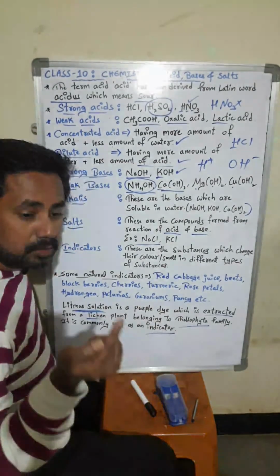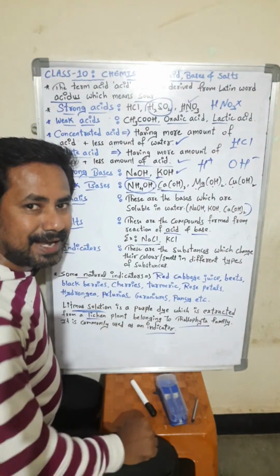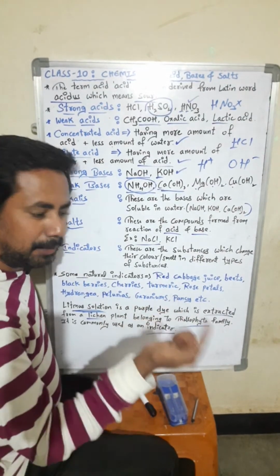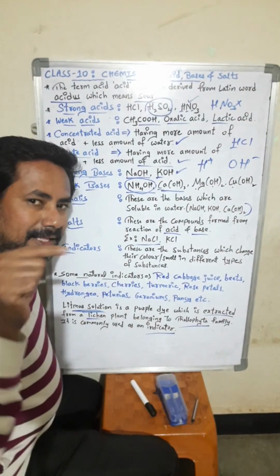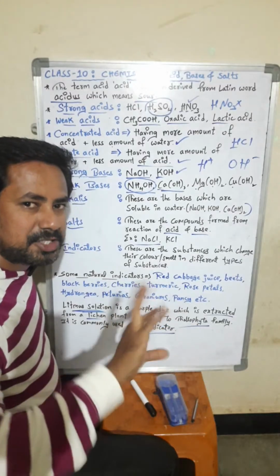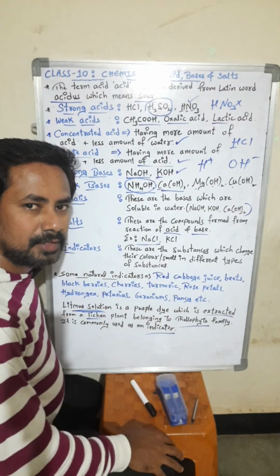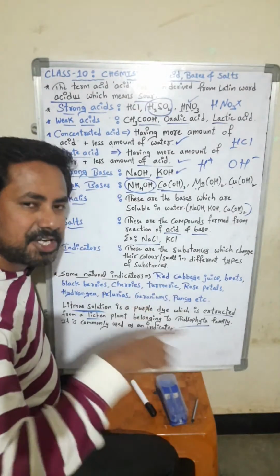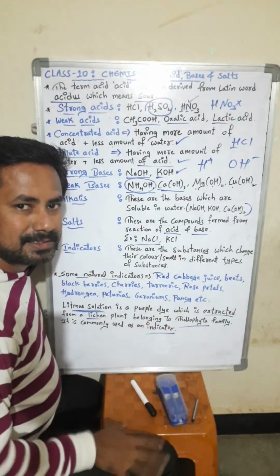I told you in the previous class, litmus papers are available: red litmus paper and blue litmus paper. When we dip red litmus paper in a base, it changes to blue. Why does the red litmus paper change to blue? Because the substance is base.